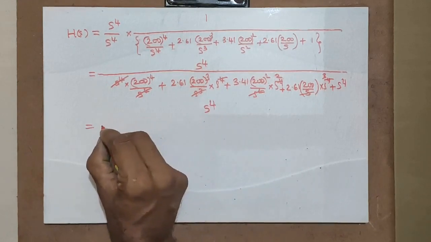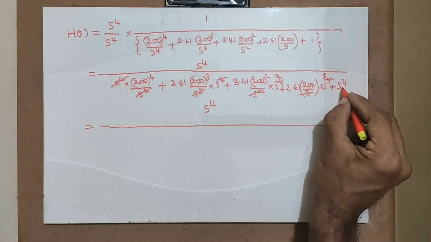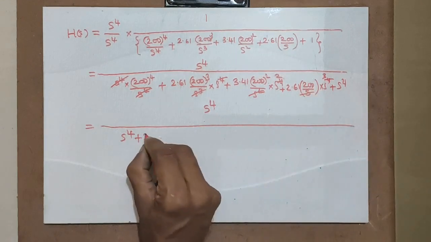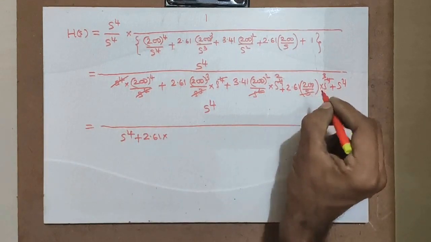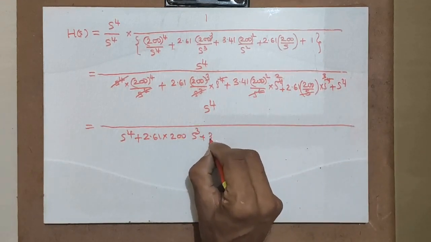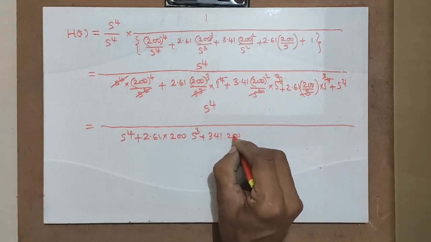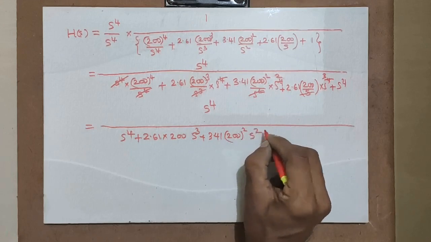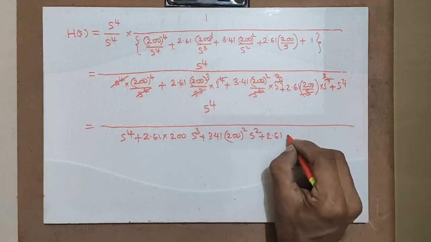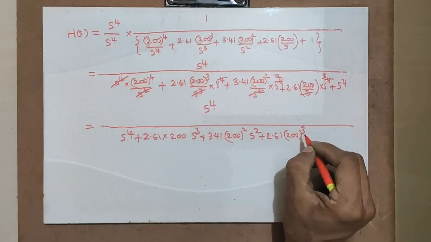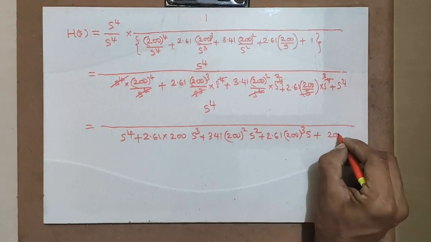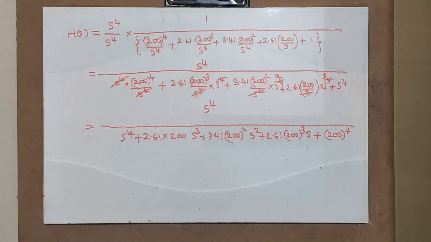Now the final answer becomes S raised to 4 whole divided by, I will write starting from S raised to 4: S raised to 4 plus 2.61 multiplied by 200 into S cube, plus 3.41 times 200 square multiplied by S square, plus 2.61 times 200 cube multiplied by S, plus 200 raised to 4.